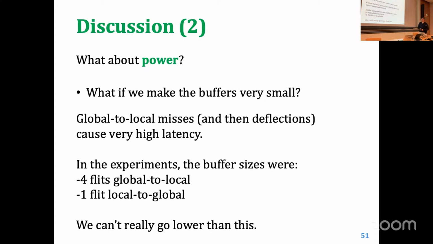But they realized that with the global to local buffer, so the inter-ring buffer, when you go from a higher level to a lower level, if you have a buffer which is too small, you will have too many deflections, and then the latency will just go up too much. With the local to global one, they made it actually the smallest possible size because it's just one flit large. So I think that it is already optimized in that regard.